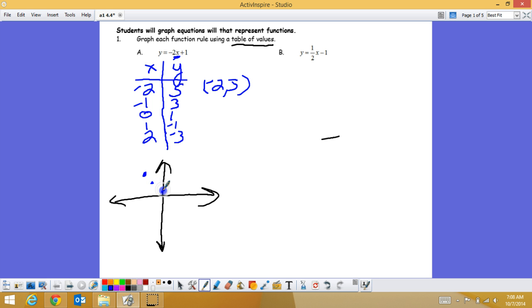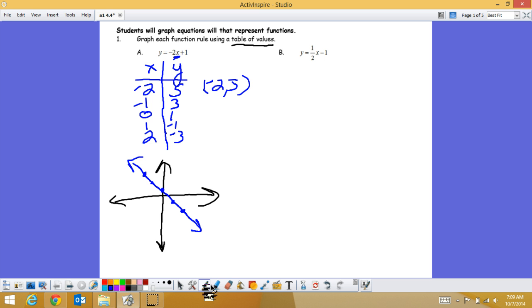The 0, 1. 1, -1. And the 2, -3. And then we'll connect them, because x in this case can really be any kind of number, fraction, decimal. So we'll just connect those dots, and these just give us an idea of the shape of the graph. So I will get rid of that stray line there.